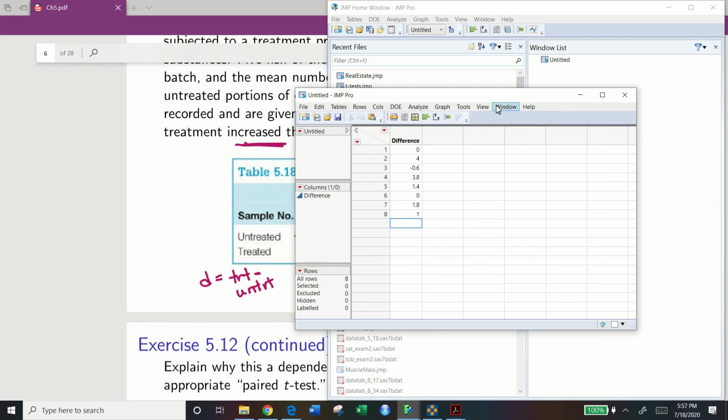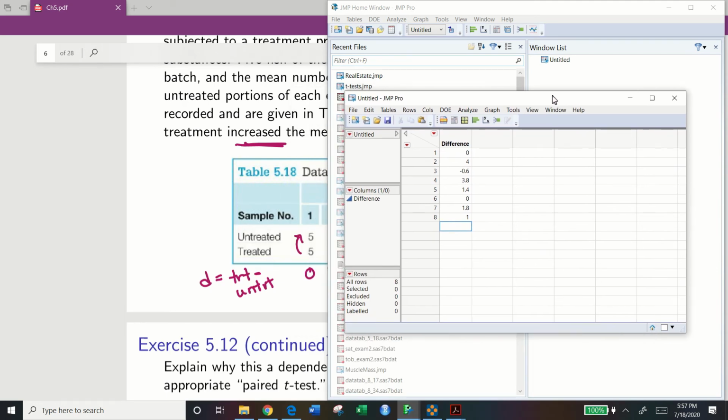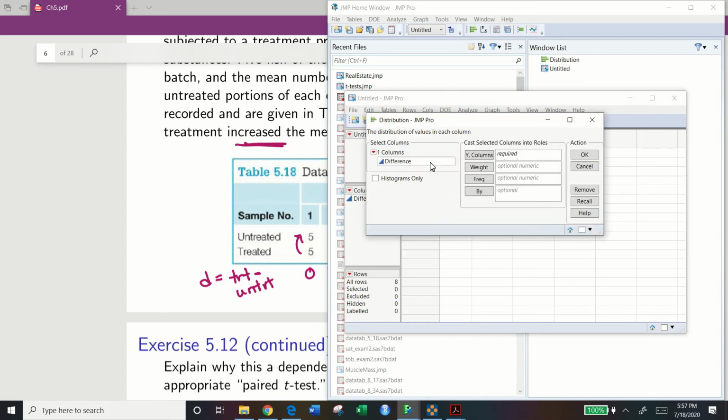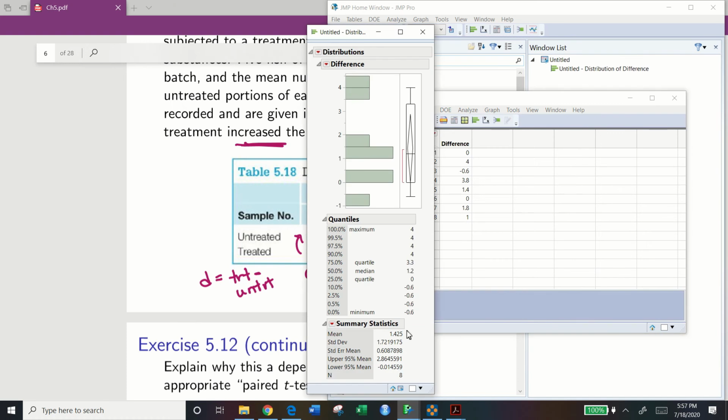Good. So now that we have our data, hopefully I've typed this in correctly, I'm going to go to Analyze, Distribution, pull my difference over to the Y columns, hit OK, and I'm going to be focusing on my summary statistics.